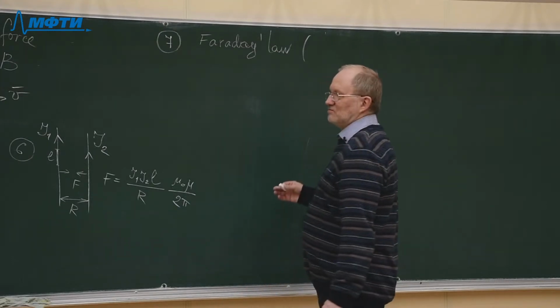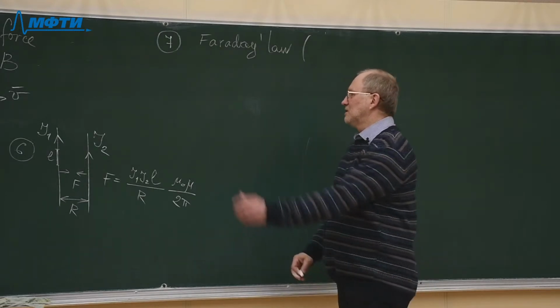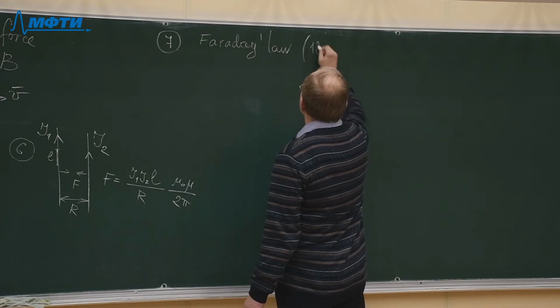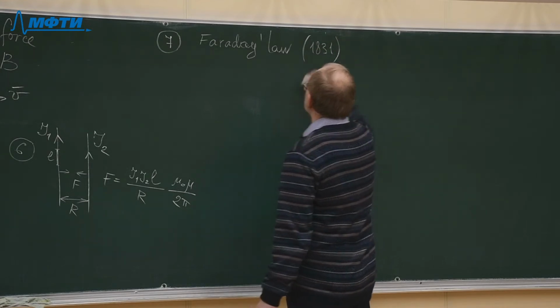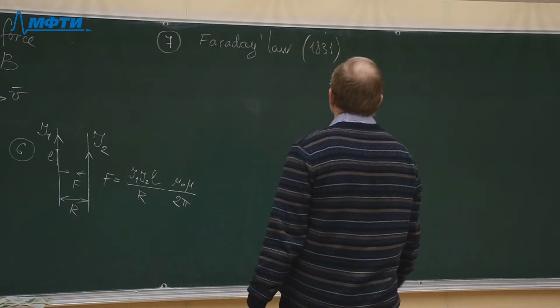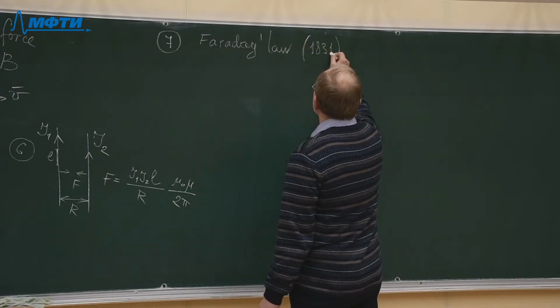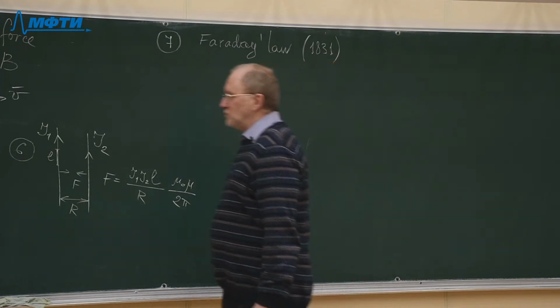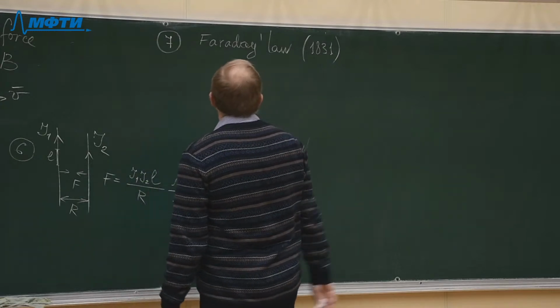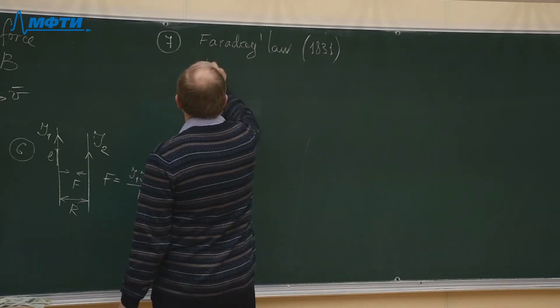It was a long series of different experiments. And in the year 1831, he published an article summarizing his experimental research. The most important thing in this article was a new effect which he discovered, called electromagnetic induction.